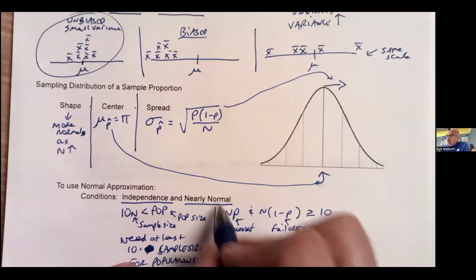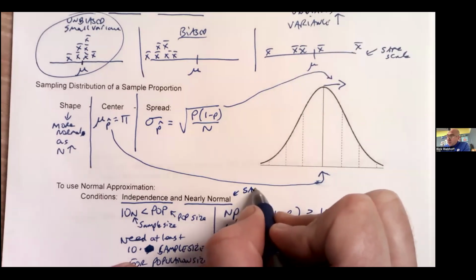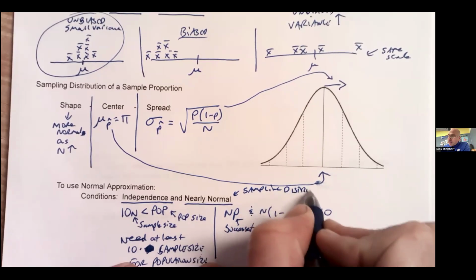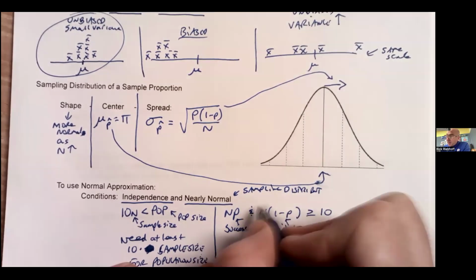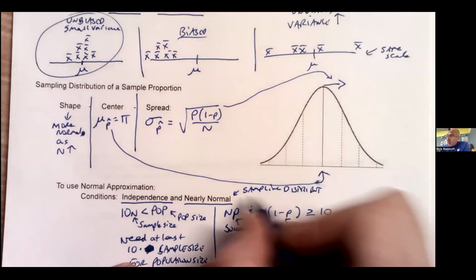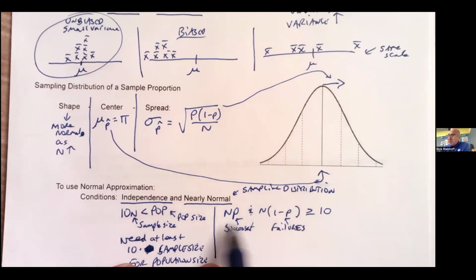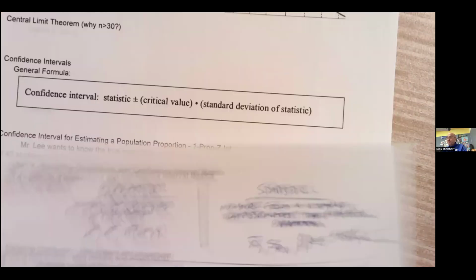So what's nearly normal? The sampling distribution. The population distribution may not be nearly normal, or the binomial distribution may not be very normal, but the sampling distribution, as the sample size increases, becomes more and more normal. Cool. All right, next page.